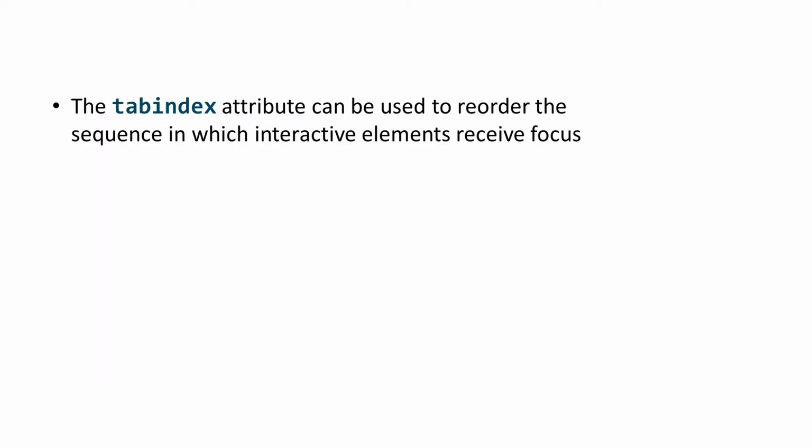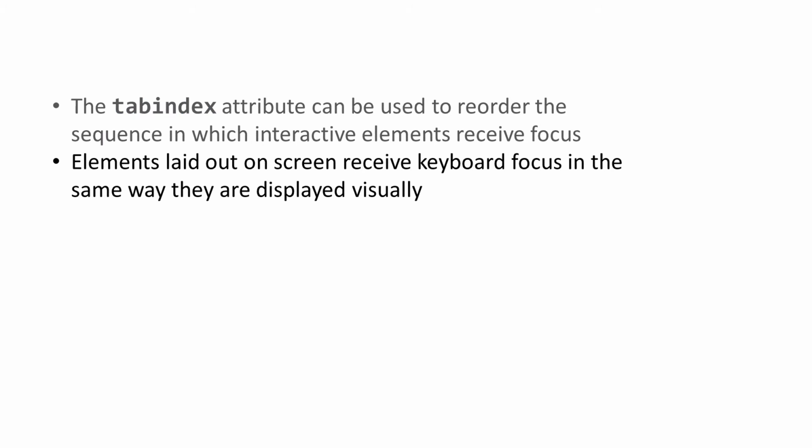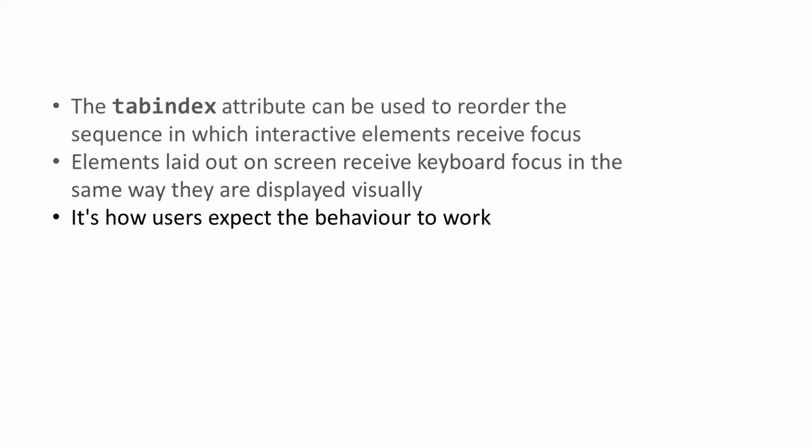The tabindex attribute on elements can be used to reorder the sequence in which interactive elements receive focus. Elements laid out on screen in no particular order receive keyboard focus in the same way they are displayed visually, and it's how users expect the behavior to work.